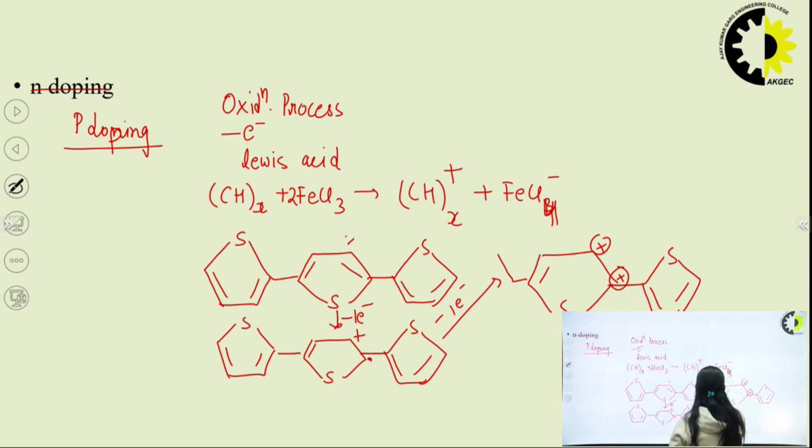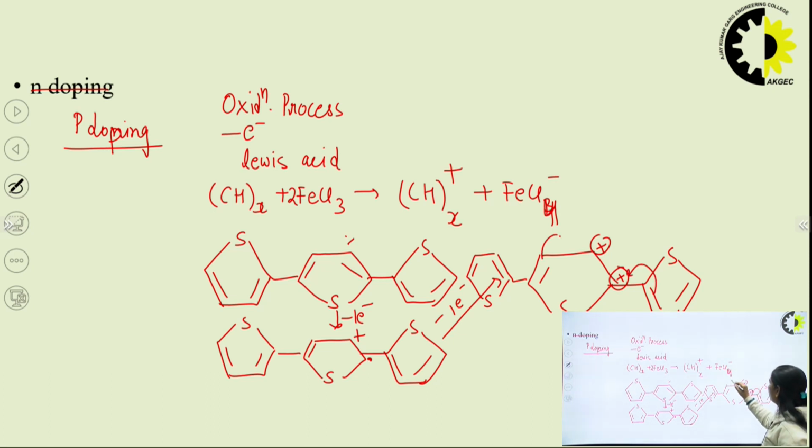As positive sign is actually the deficiency of the electron, these electrons get shifted towards this positive sign.